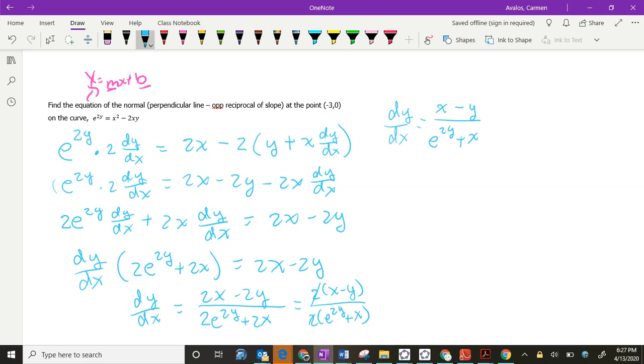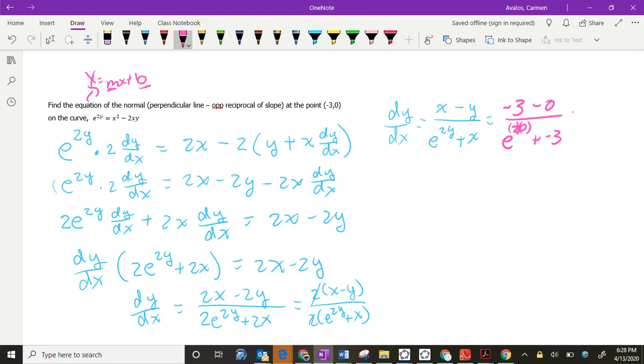And much easier to calculate when I substitute the values. So this is going to be a -3, and so we're going to be able to put in those values there, and so it's going to be -3 minus 0 over e to the 2 times 0, not 20, because you're multiplying these, and then plus a -3.